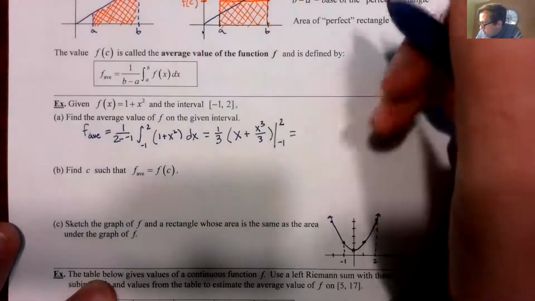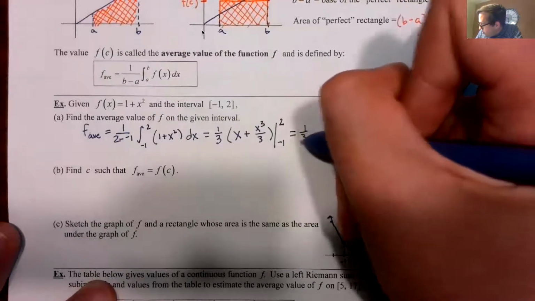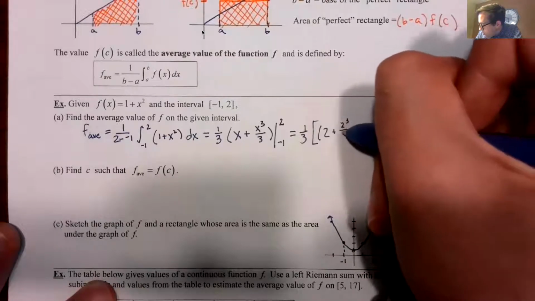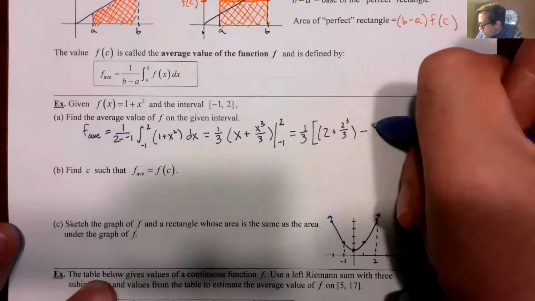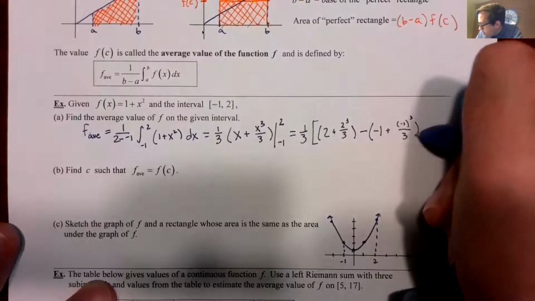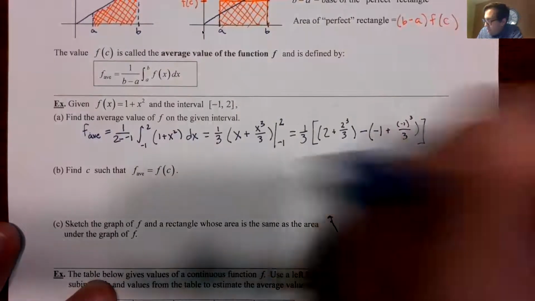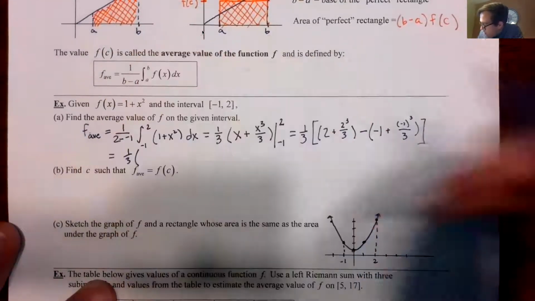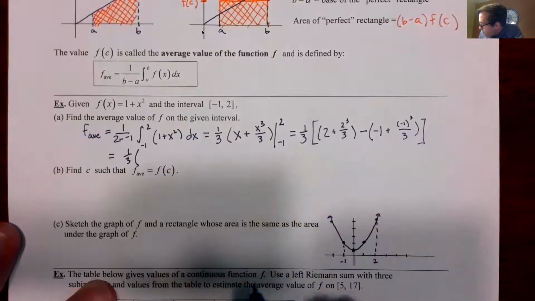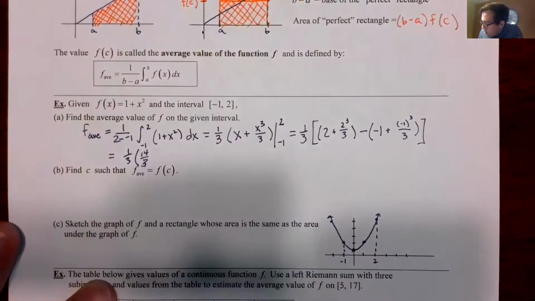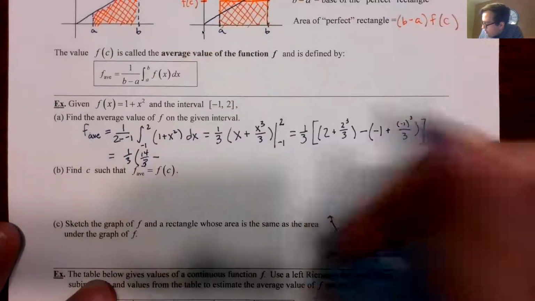Okay. So then we can plug in the 2 and plug in the -1. It's going to be 2 plus 2 cubed over 3 minus -1 plus -1 cubed over 3. And that's going to equal 1/3 times, and if I add and multiply here, we get 14/3 minus, and then this one becomes -4/3.